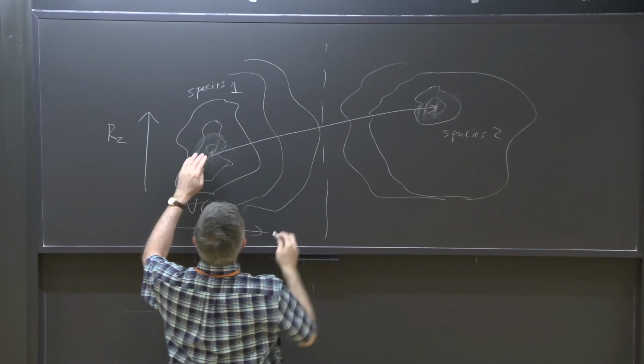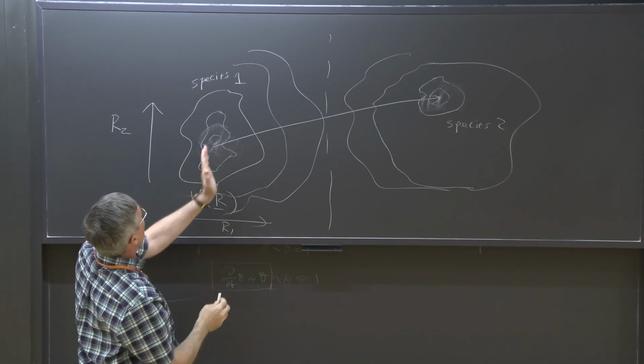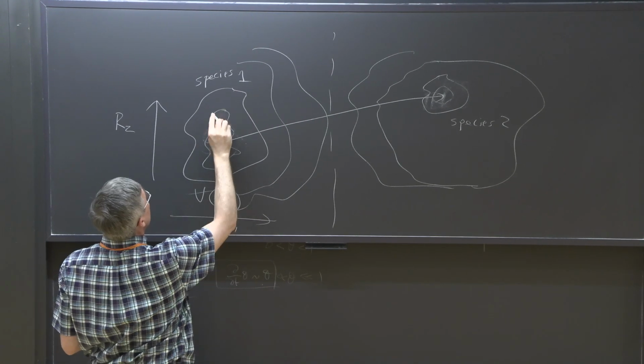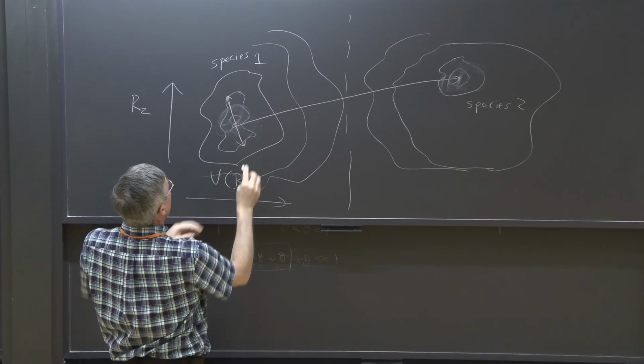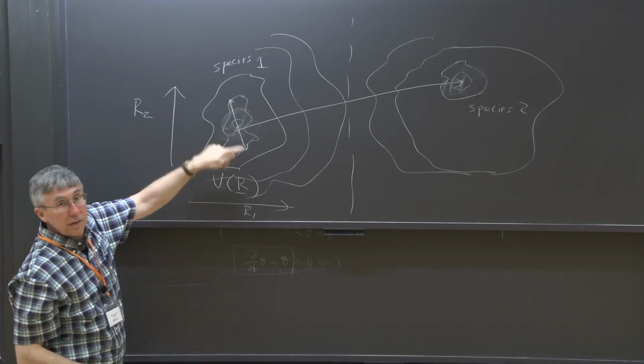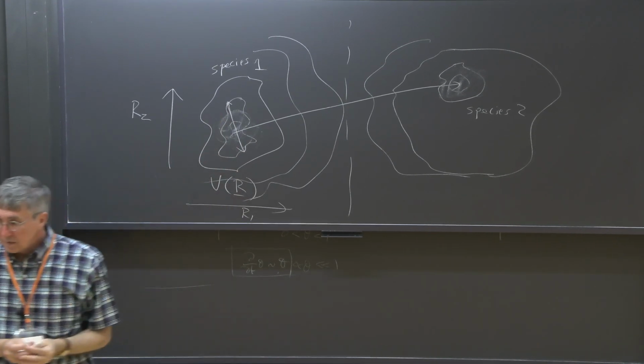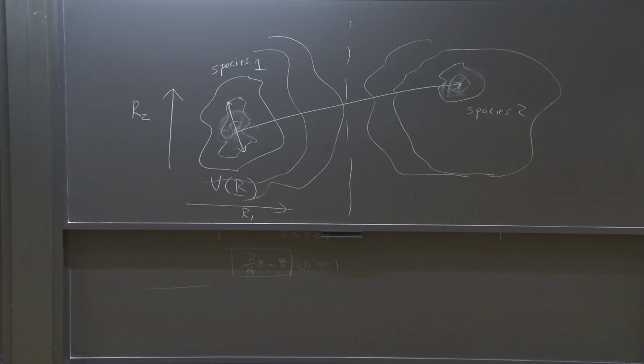This would be my reaction coordinate. But I have dimensions perpendicular to it. So moving this way, I could vibrate back and forth in the valley. And this distance is related to the width of the parabola up there on the slide. Okay, so that's what this picture is supposed to be showing.